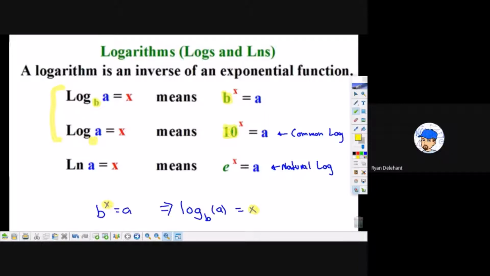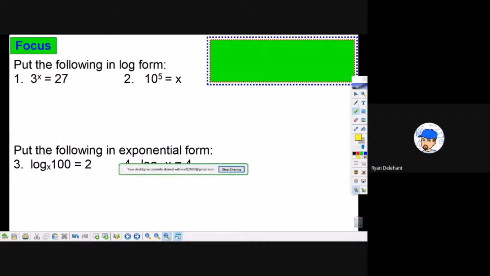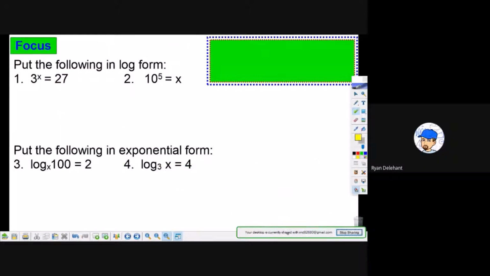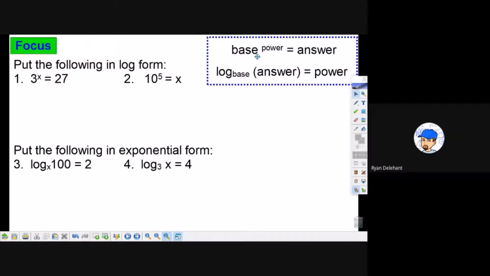Meaning if that was a variable, we could actually solve for it if we could plug that log into the calculator. The beginning practice of this was going through and just rewriting some stuff. So if we put these things in log form, one thing to remember, I have this written with words up here. Base to the power equals the answer in exponential form.